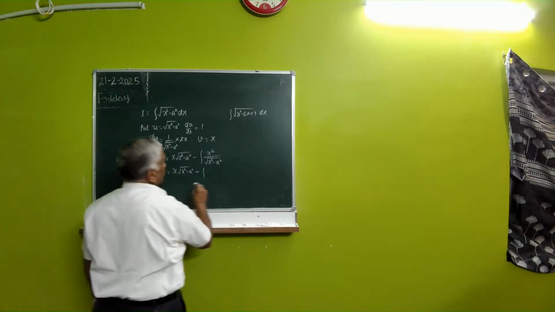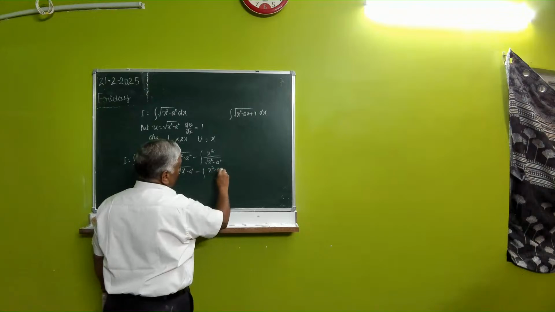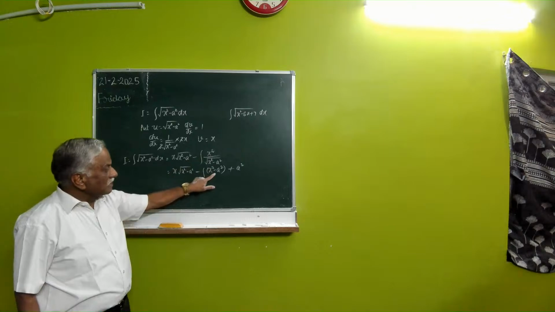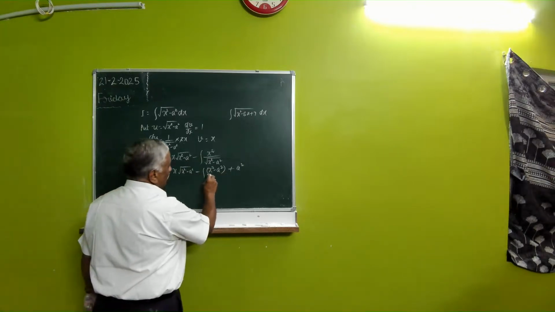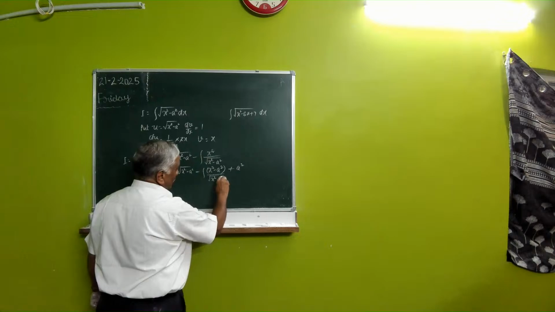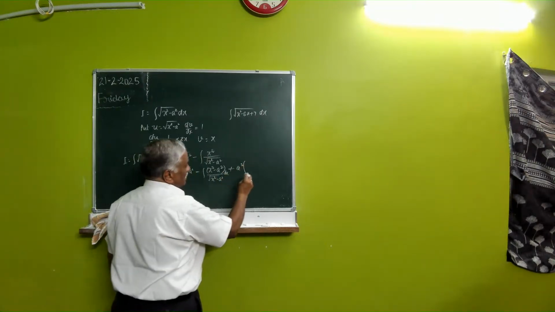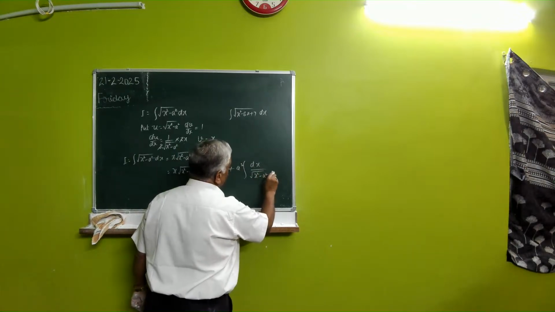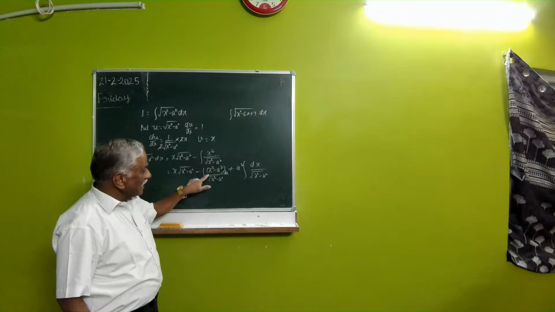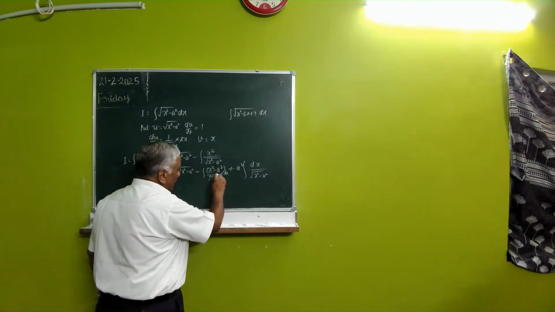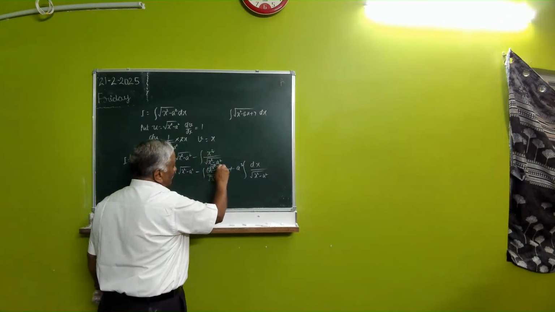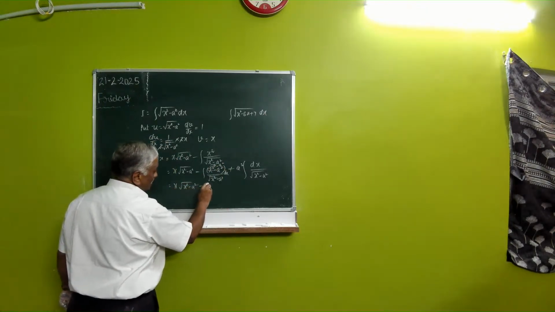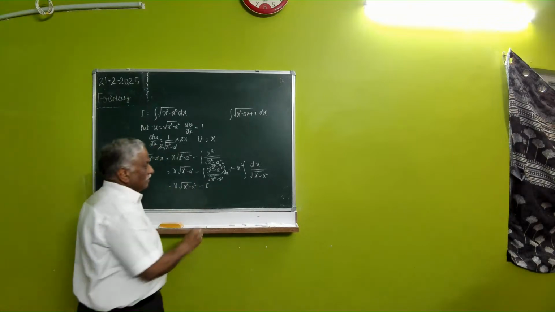You write this as x square minus a square plus a square. So divide this by the term root of x square minus a square. Have a separate integral for this, a square dx over root of x square minus a square. I am adding a square and subtracting a square. Here what will happen is this will cancel. You will get root of x square minus a square. So x into root of x square minus a square. This is nothing but I. And what about this?